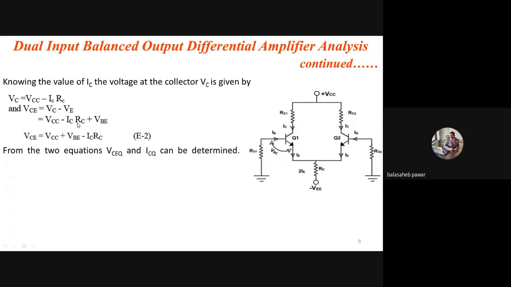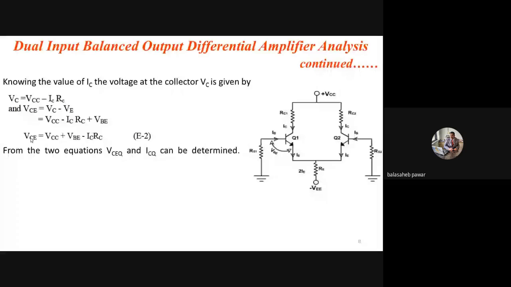So you will get VCE equals VCC plus VBE minus IC into RC. This equation also you have to remember. Whenever you consider this IC as ICQ, the obtained VCE will be the quiescent output voltage of that transistor. And this is known as DC analysis.